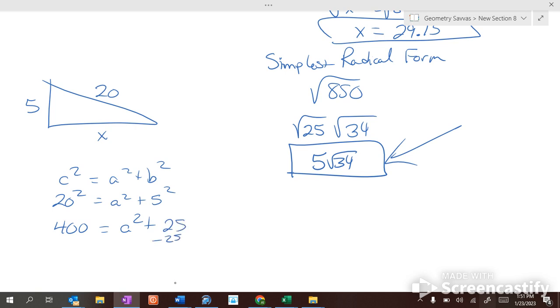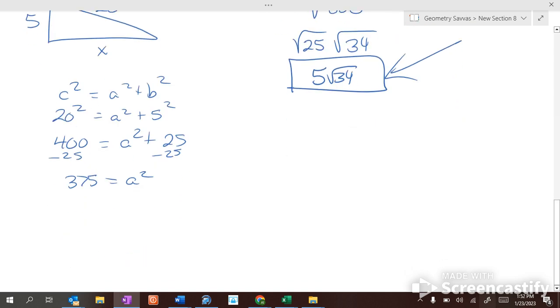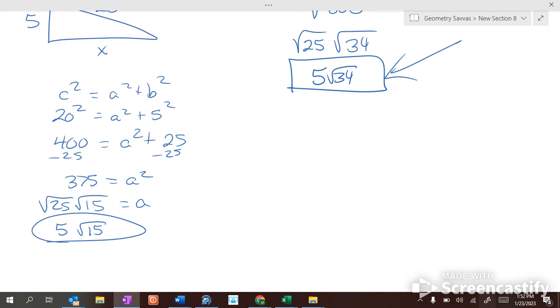We subtract 25. 375 equals a squared. What's the biggest square that goes in 375? Probably 25 again. How many times does 25 go into it? 15. Any perfect squares go into 15? Nope. So 5 square root of 15 is your answer.